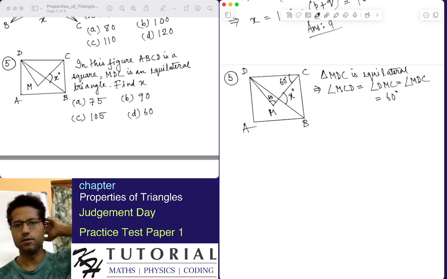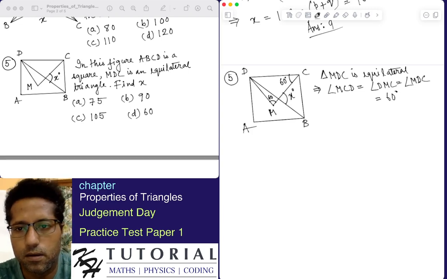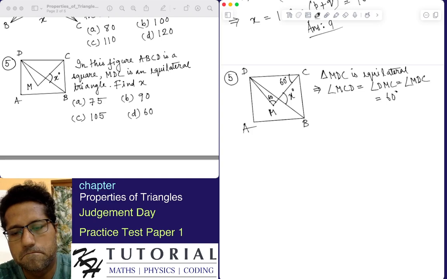All the angles are 60 degree. This angle is 60 degree.